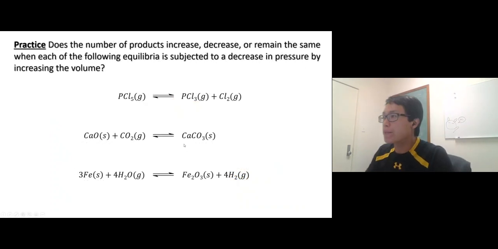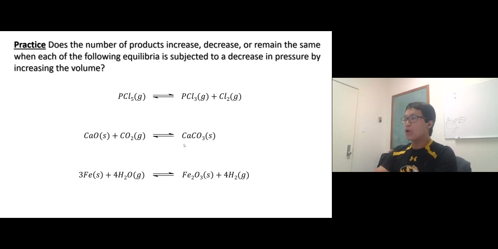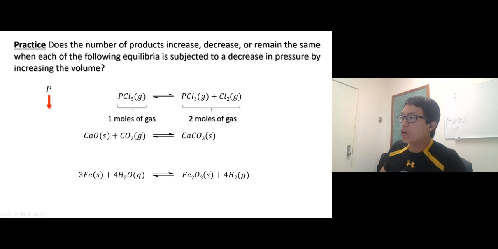One more time. Does the number of products increase, decrease, or remain the same when each of the following equilibria is subject to a decrease in pressure by increasing volume? Decrease the pressure. First one: the equilibrium has to make more gas by shifting. Two moles goes to more, so it shifts forward. Now the second one.